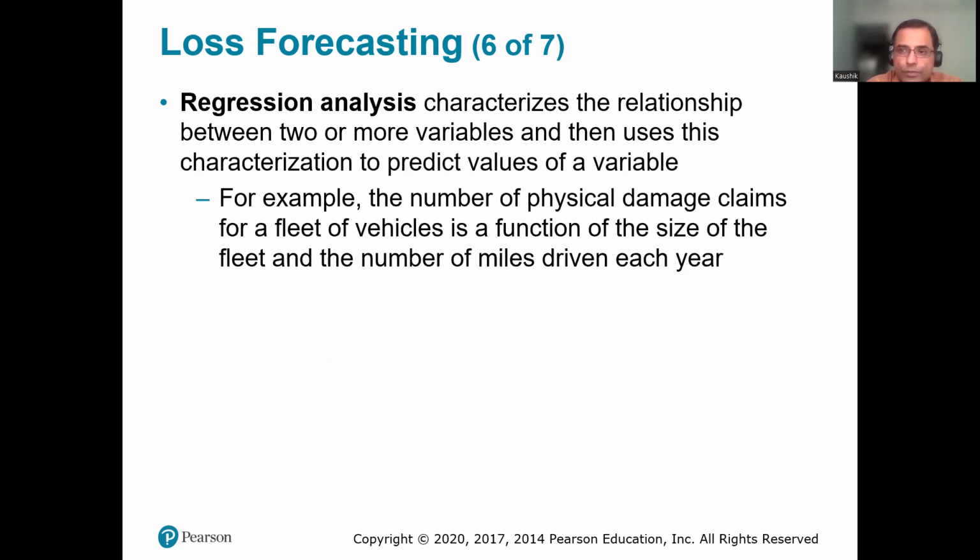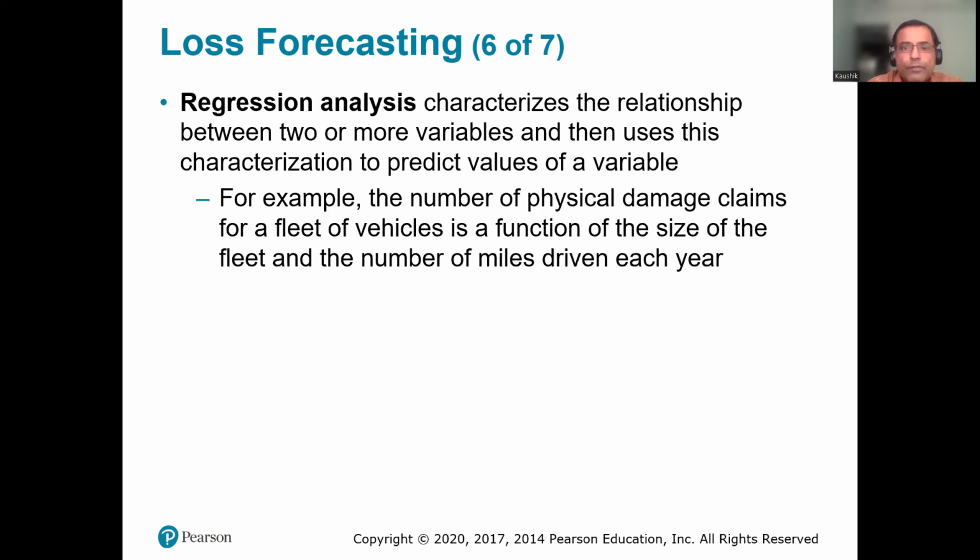Then we can also use regression analysis. So this is a functional relationship between two variables. So if we know the value of one or several variables, we can use those values to predict the value of a single variable. So that single variable which is predicted may be related to loss.